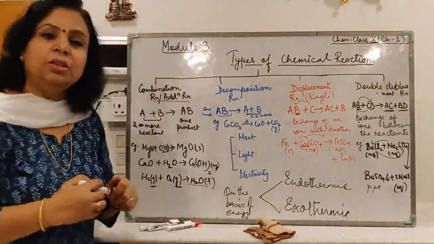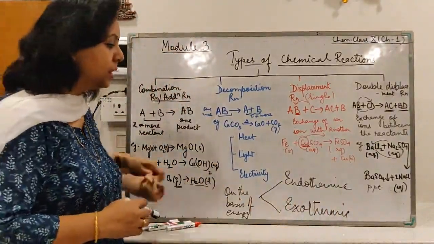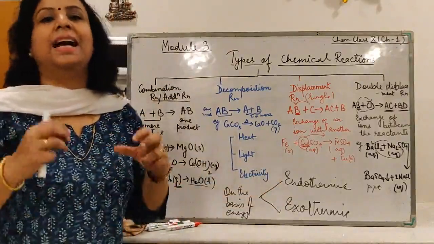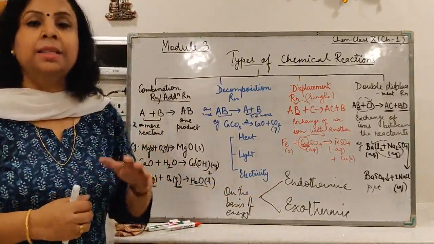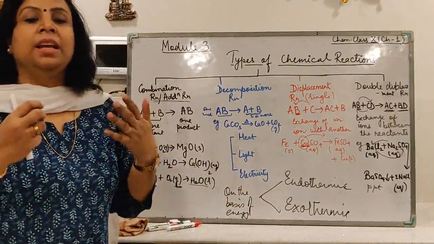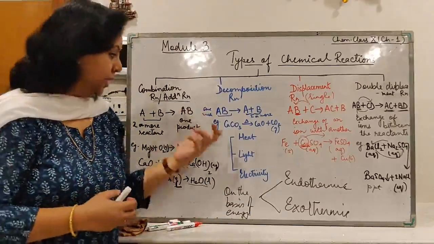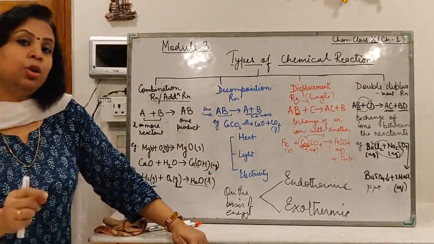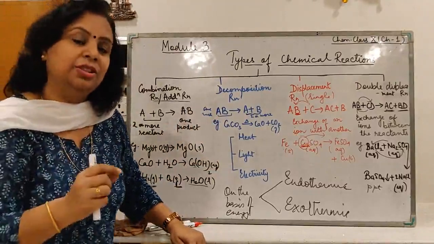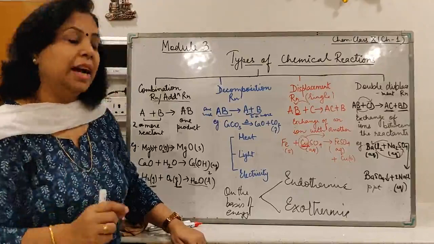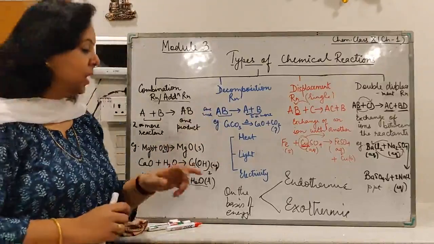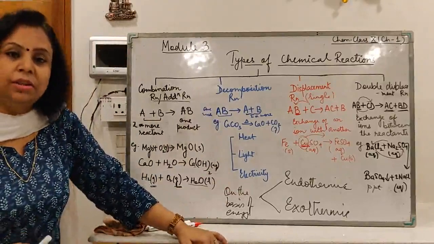Now, endothermic reactions are the ones which take in energy as one of the reactants. That means energy is utilized, that may be in the form of heat, light or electricity. So, endothermic reactions are most of the times decomposition reactions also. Okay? And what about exothermic?